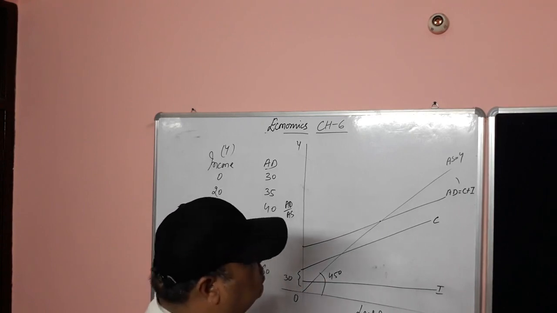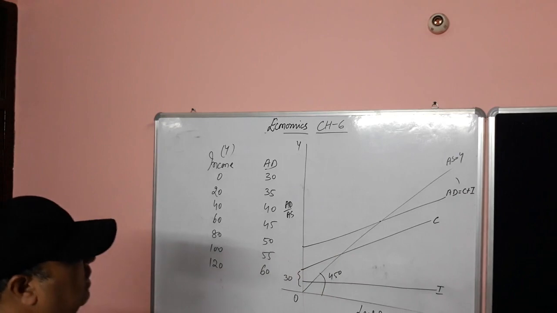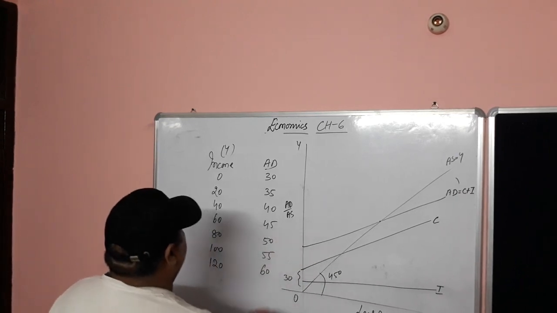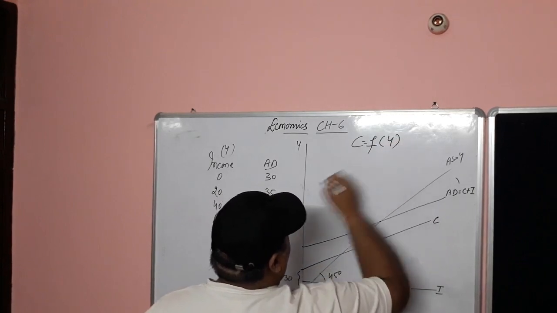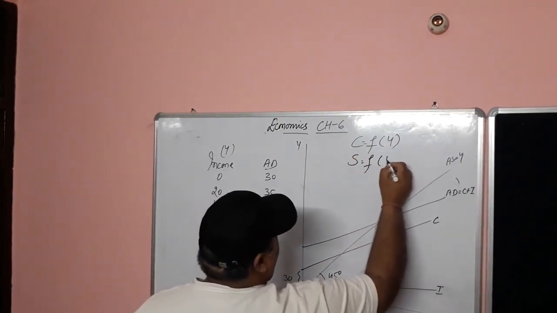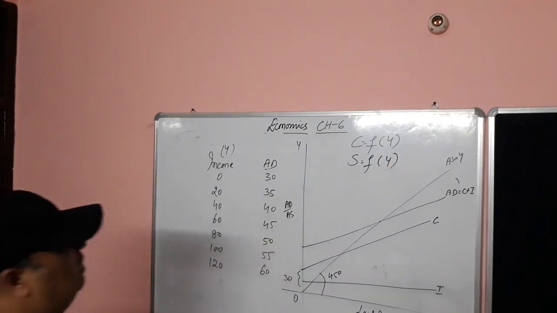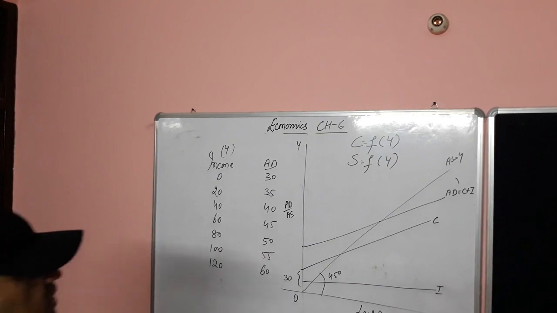This is your consumption curve, and the addition of the consumption and investment curve is the aggregate demand curve. The aggregate supply curve starts from the origin, so it means the 45 degree line. Your consumption is always a function of your income, and your saving is also a function of income. So when your income increases, your consumption and saving increase.